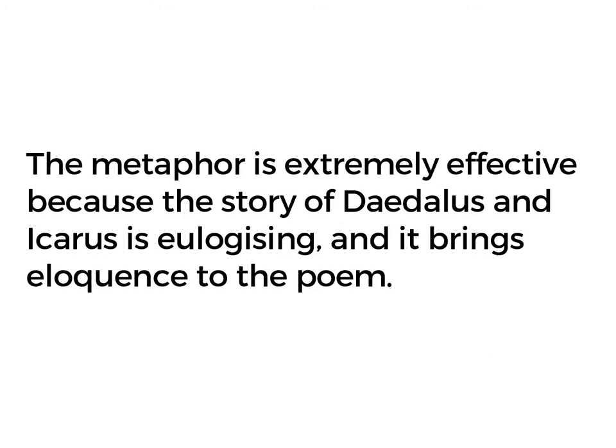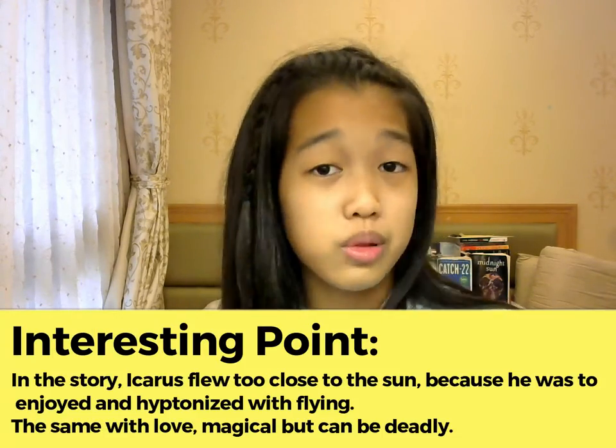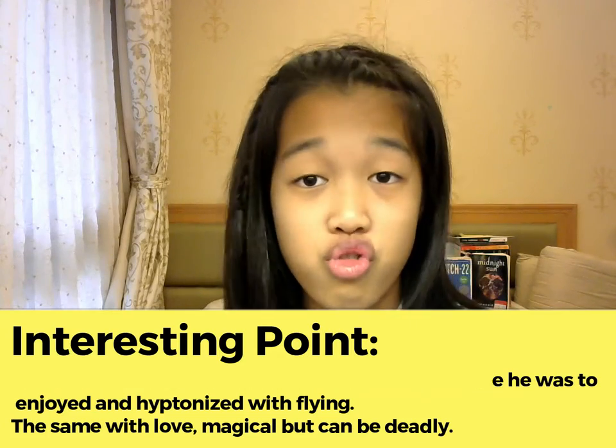So, yeah. And another point that I want to point out is that when I said Icarus flew too close to the sun, maybe he really enjoyed and was happy when he was flying. It's like the same feeling of love, I think. So basically when you love someone, it's like a magical journey.